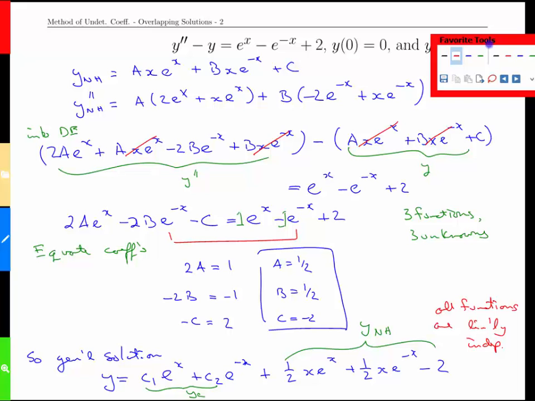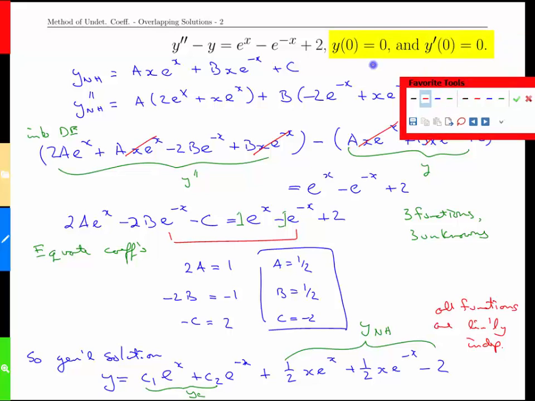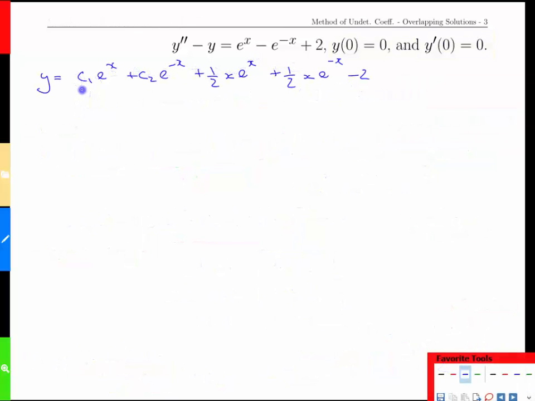Last but not least though, this is an initial value problem. So we also need to solve for C1, C2. Hopefully that'll be straightforward here. Having copied down our solution, we now solve for C1, C2 using the initial conditions.